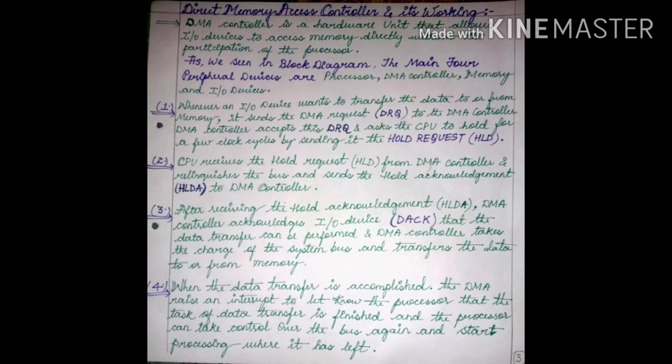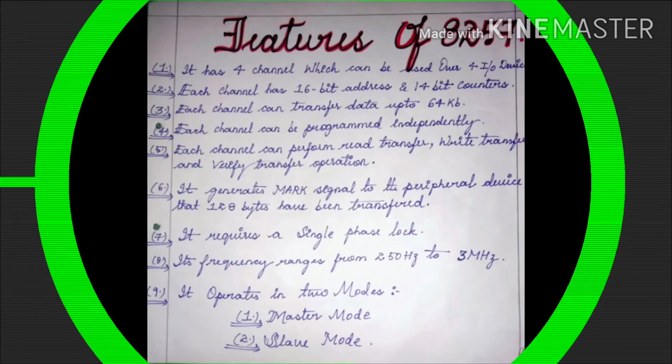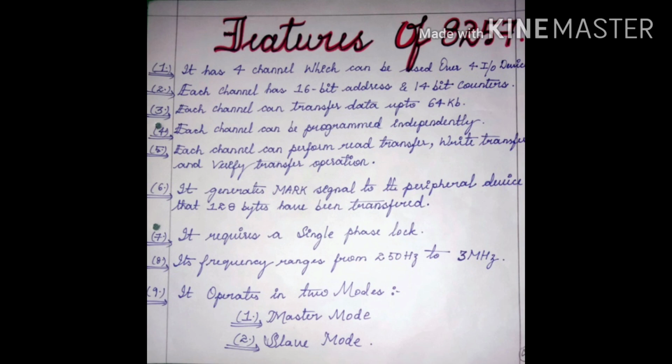Now, as we have seen the working of the 8257 controller, we are going to see some features of 8257. It has 4 channels which can be used for 4 input-output devices.